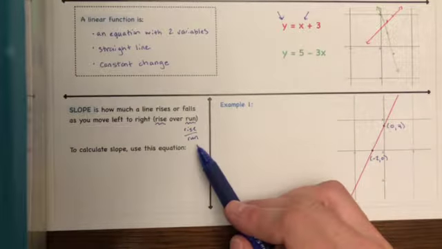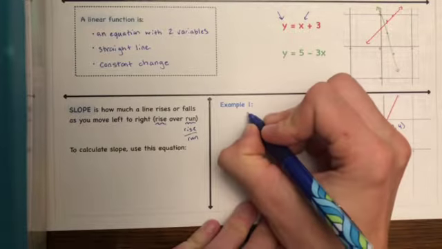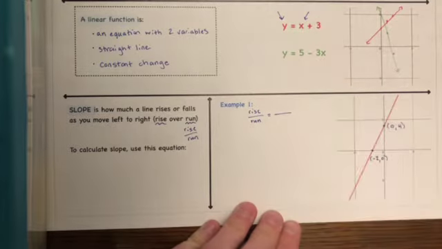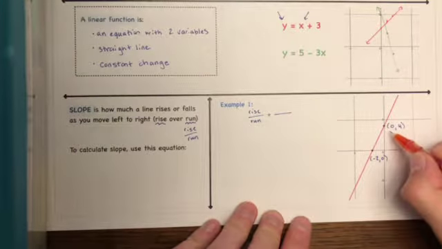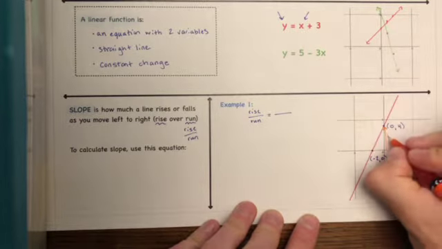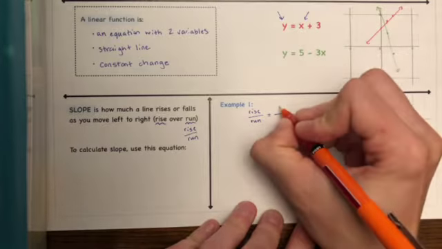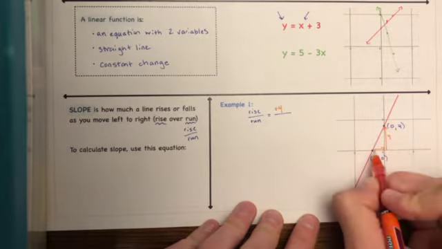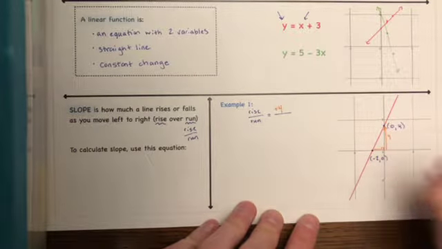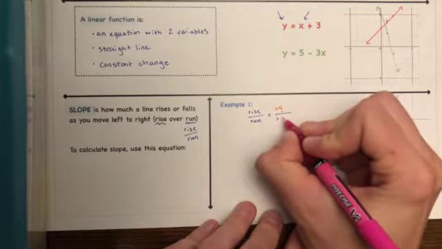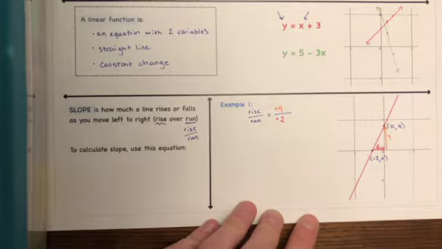So if I wanted to use rise over run, I can see that my line is rising by 4 in this section, so my rise is +4. And my run, which is always left to right, is 2 in the same section. My run is +2. If I simplify that, I should have a slope of +2.